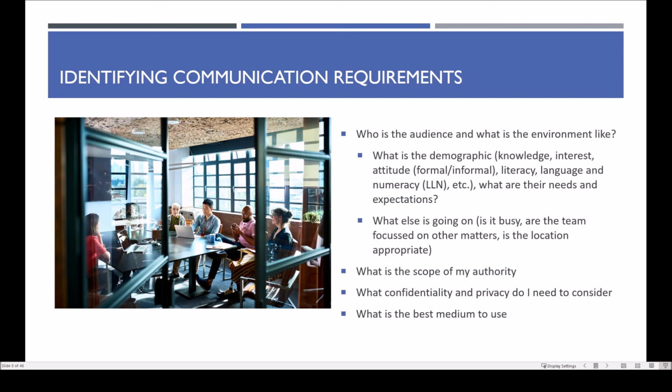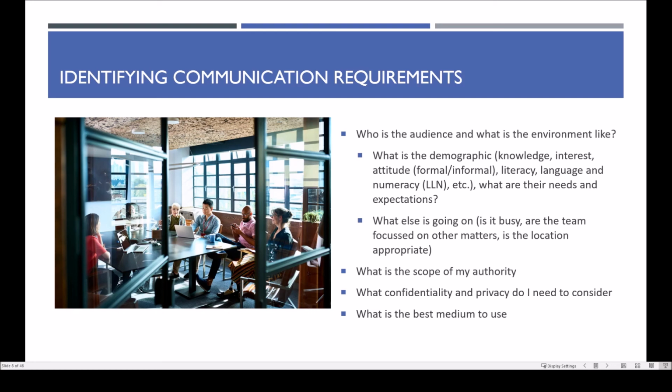And then go back to some of the other elements when identifying the requirements of the communication, such as my scope of authority, the level of confidentiality and privacy that I need to consider, and then going back to all those mediums that I talked about earlier. What's the best way in which to do this communication? Is it going to be a one-on-one meeting? Is it going to be a video call? Should it be maybe an email?